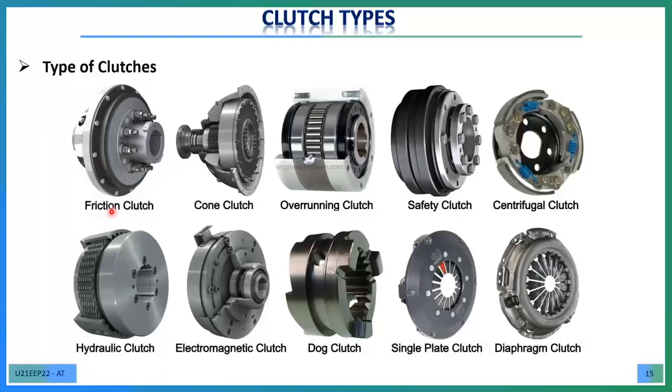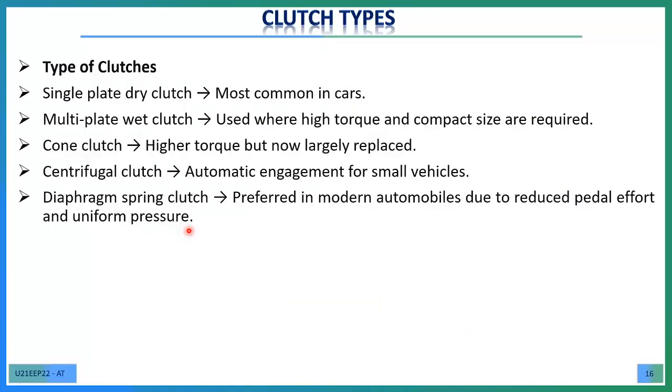We can classify the types of clutches: friction clutch, cone clutch, overrunning clutch, safety clutch, centrifugal clutch, hydraulic clutch, electromagnetic clutch, dog clutch, single plate clutch, diaphragm clutch. These various types are used depending on the requirement and functionality.